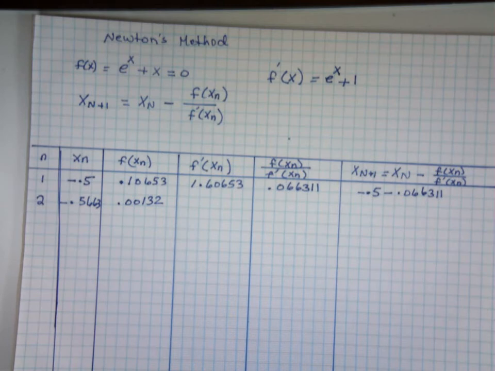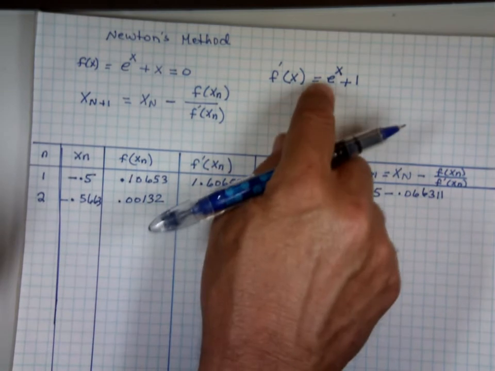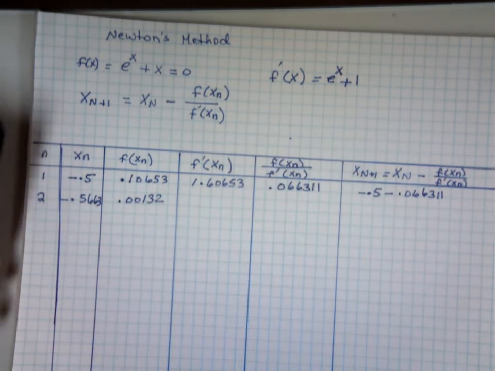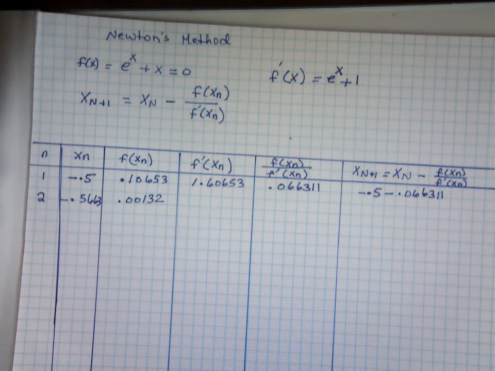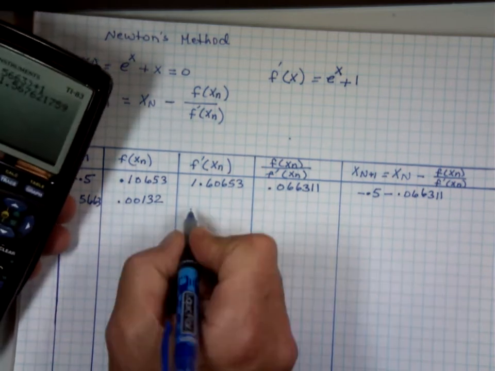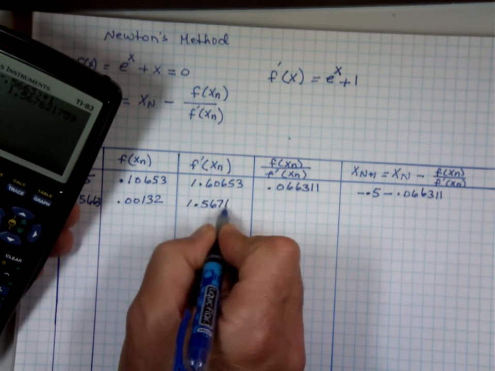If I said, well, I'm not really satisfied with that, I need to get closer, I'll continue. What's the derivative at that value? Plug this number into this one. Negative 0.5663 plus the 1, the derivative will give me a number of 1.56762.